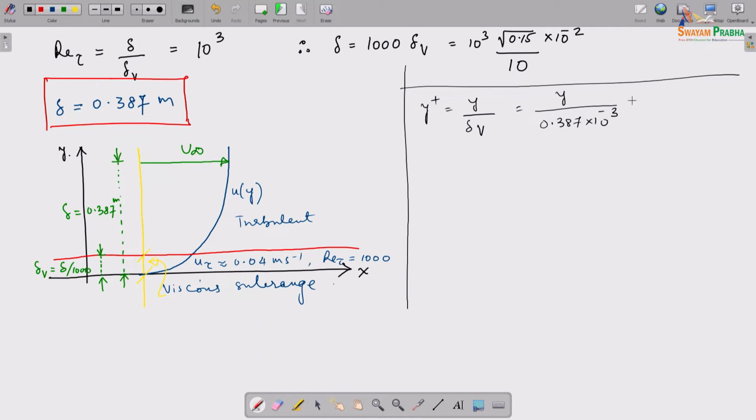Now we had written these out earlier. y plus is equal to 50, which means y is equal to 50 by 2.6 into 10 to the power 3, which is about 0.02 meters.